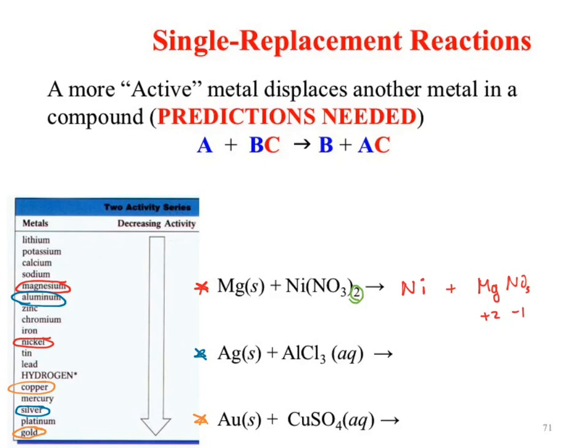That 2 is there so that nitrate balances nickel. That's why I have a 2 there. If I bring that 2 across, well, what was the meaning of the 2? The 2 was so nitrate balances nickel. Why are you bringing the 2 across?